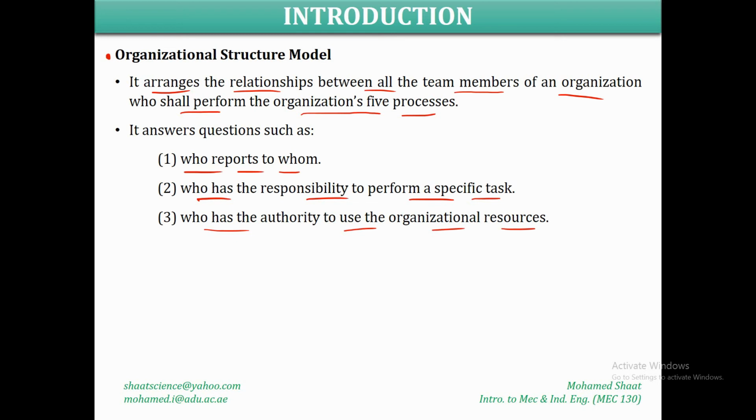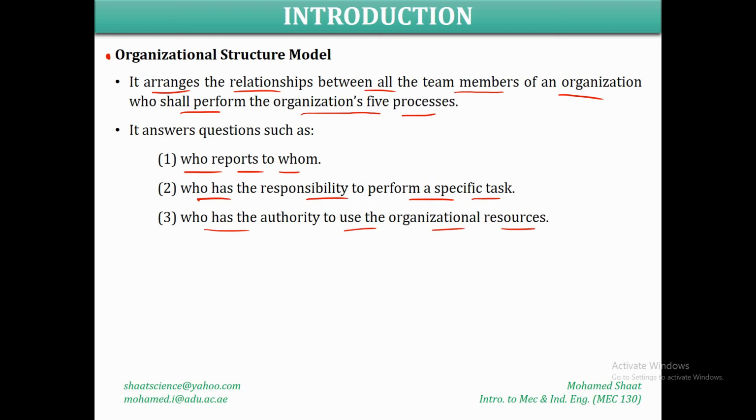So who has the authority to use this machine, or this lab? If there is a specific lab, who should be using it? Some people have the authority to access and use this lab, and some others are not allowed to use it unless they get permission or are given the authority to use this lab.